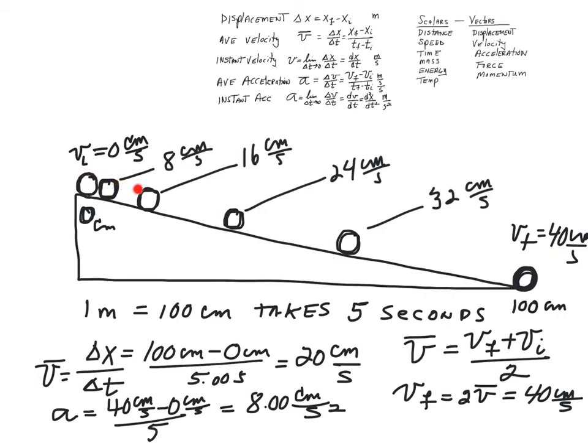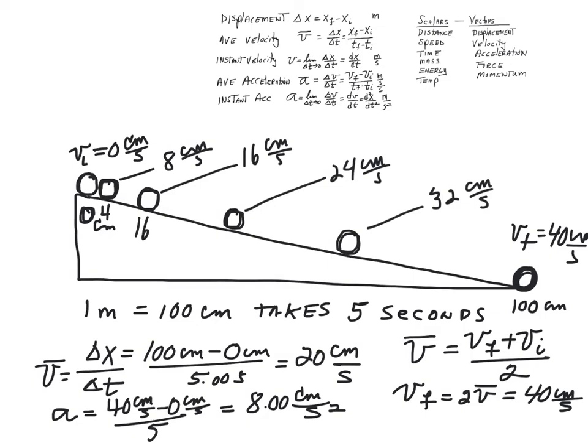Now, when it goes from here to here, it's going from 0 to 16. So over this interval, it's averaging 8. And that's averaging 8 for 2 seconds. This would be 16. So let me write that down. I won't remember these. So this is at 4 centimeters.